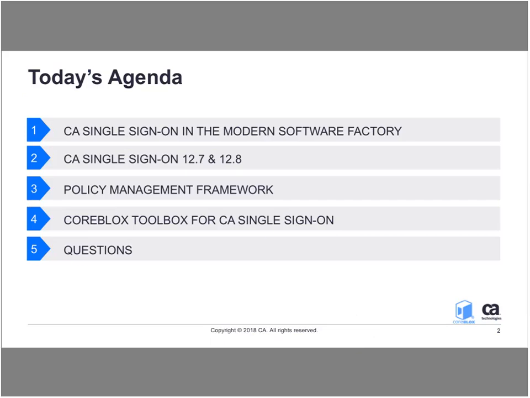The agenda for today will follow this pattern. We're going to talk a little bit about the fit and the placement of CA SSO within the concept of the modern software factory, and give a summary of this capability that's been added to the SSO product. It started with 12.7. The 12.8 release is now available, but the foundation for what you're going to see really was created in the 12.7 release.